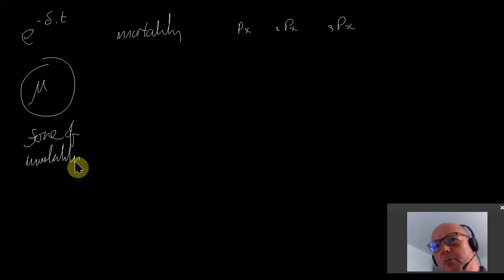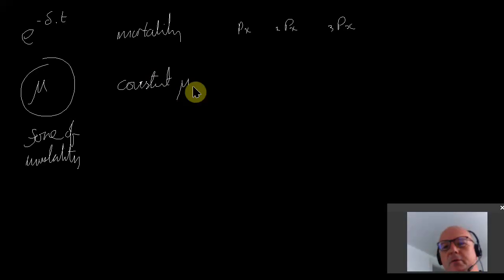The force of mortality reduces exponentially the number of lives, or the probability that a life exists. So if we have a constant mu, and most of the time when you're dealing with actuarial problems in the exams, the mu's will be constant, otherwise the math just gets too complicated.